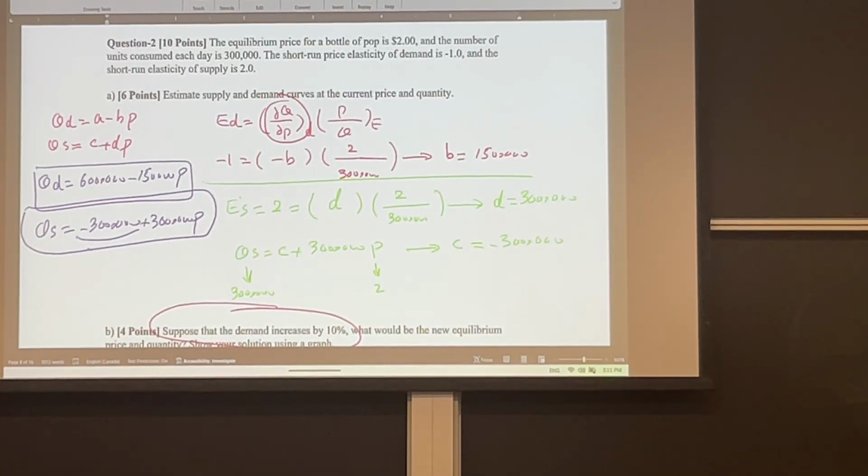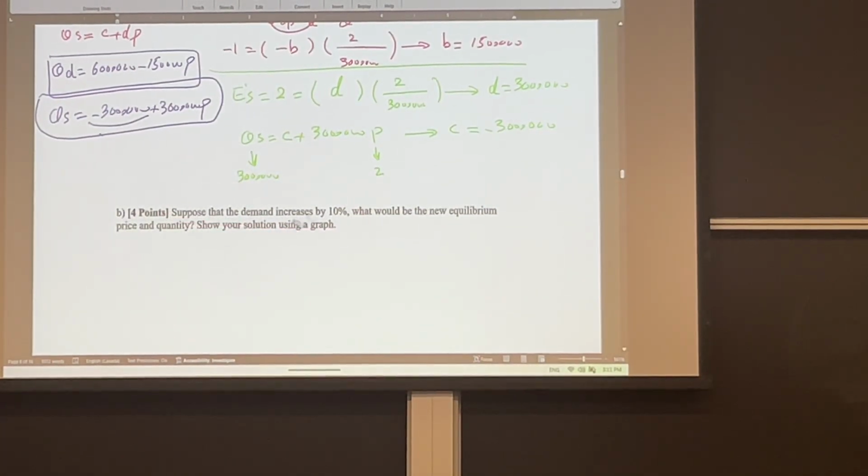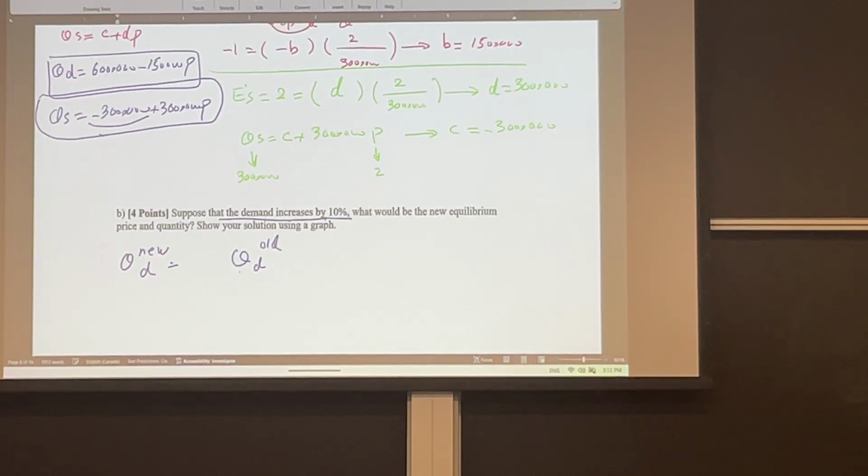Impossible. So now we have to apply the shock. That's our new demand, which is a multiple of the old one. What's the multiple based on the information given? Gone up by 10%. So what should I multiply the old one by to get the new one? 1.1.